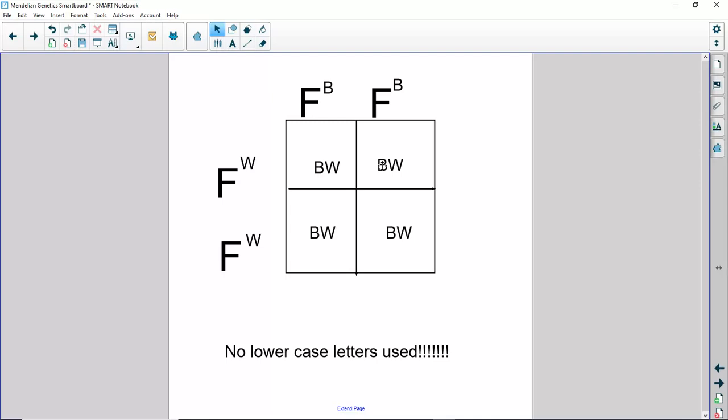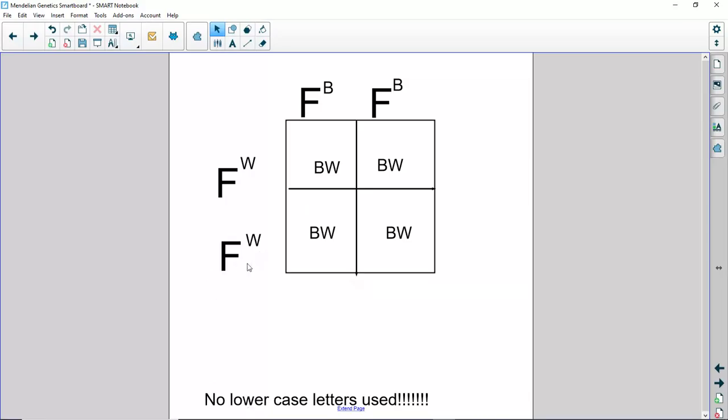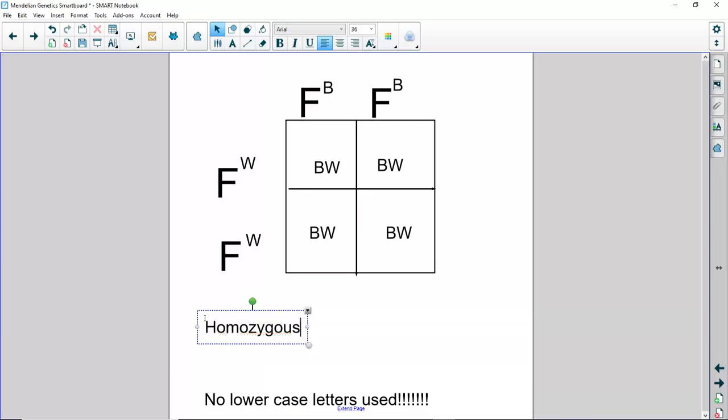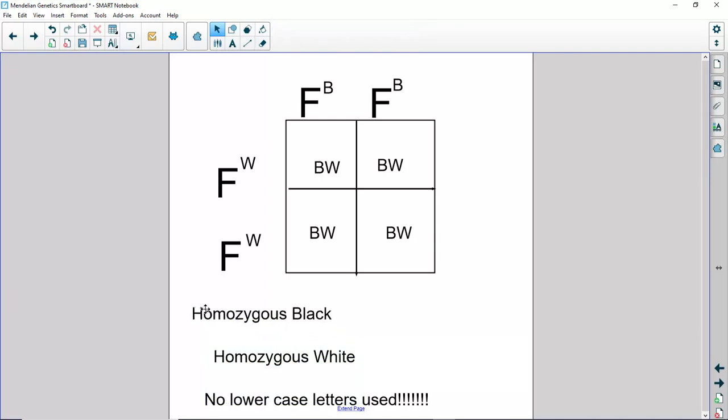So you have a worked example of how to show it. How would you show the genotype and phenotype here? Well, there are 3 possible genotypes: homozygous black, homozygous white, and heterozygous.